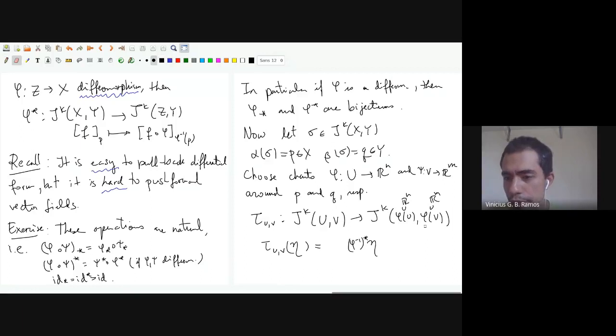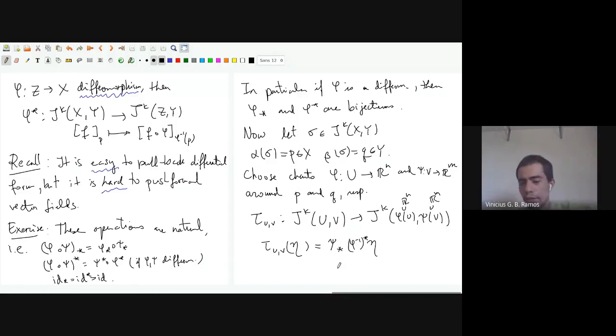Sorry, this is psi. And you look at the push forward by psi. This is what the map is. I mean, it's very simple. If you have the function, you just compose the function with phi inverse on one side and with psi on the other side. And the point is that the naturality and the fact that these operations are well defined means that it is defined for jets.